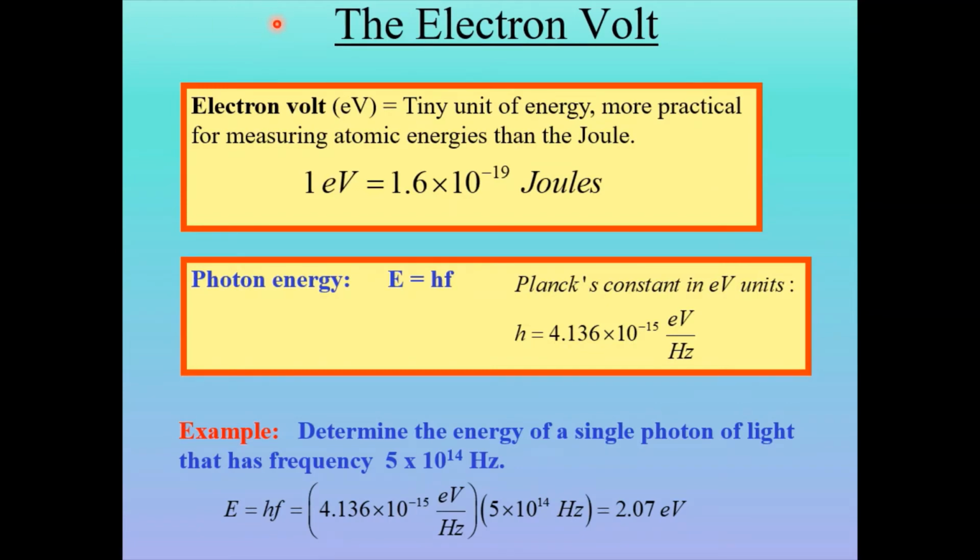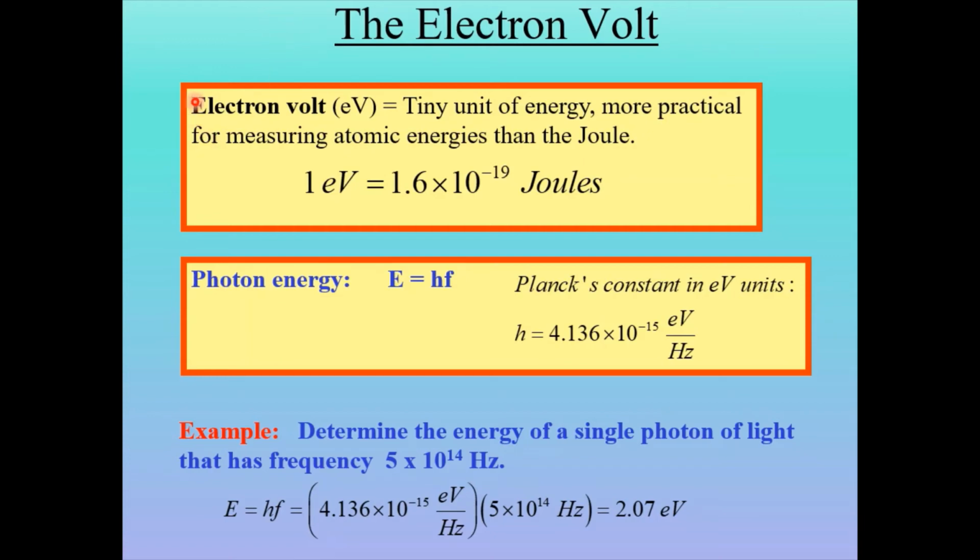Earlier in this course, we studied energy. And for the study of energy, we used the unit of joules for our energy units. And that was very practical for dealing with things like rocks and balls and people going upstairs and things like that. But when we're dealing with atomic energy levels, the joule is not very practical because the energy levels at the atomic level are very, very tiny. So we're going to use a different unit of energy called the electron volt.